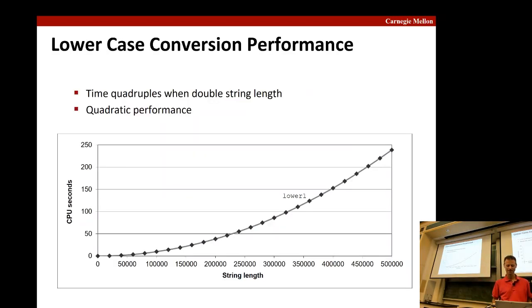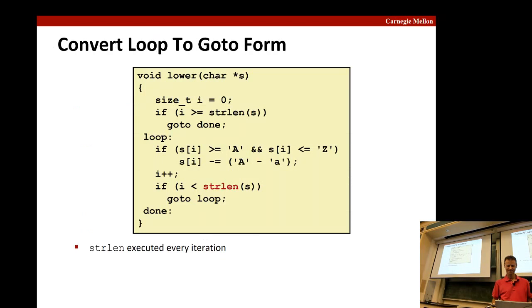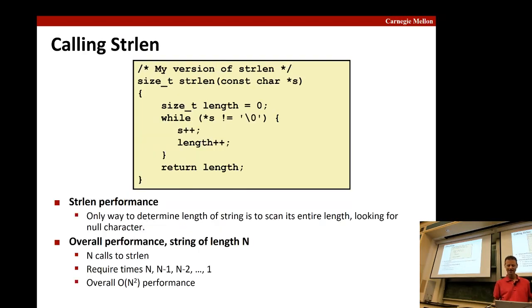All right. So if you see how this code gets converted into the goto form that we talked about in the previous class, you'll see again that this strlen is inside every iteration, and it's calculated by incrementing until you see that null character that delimits the string.